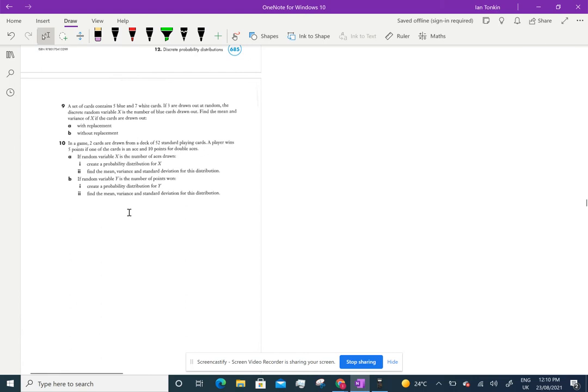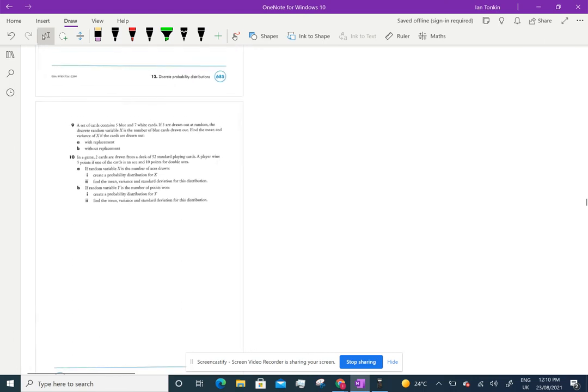So in a game, 2 cards are drawn from a deck of 52 standard cards. A player wins 5 points if one of the cards is an ace and 10 points for a double ace. If the random variable X is the number of aces drawn, create a probability distribution. Okay, so let's go. So we need to make sure we get all these things in.